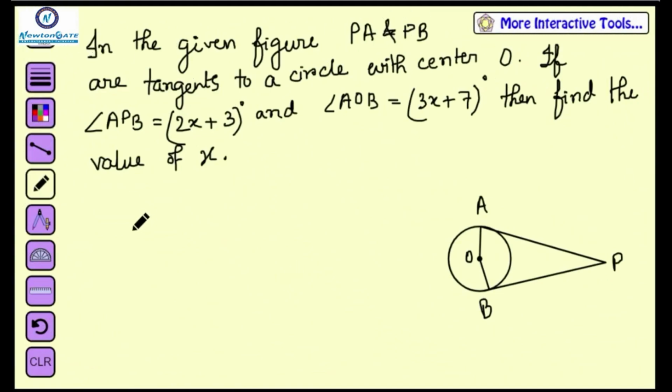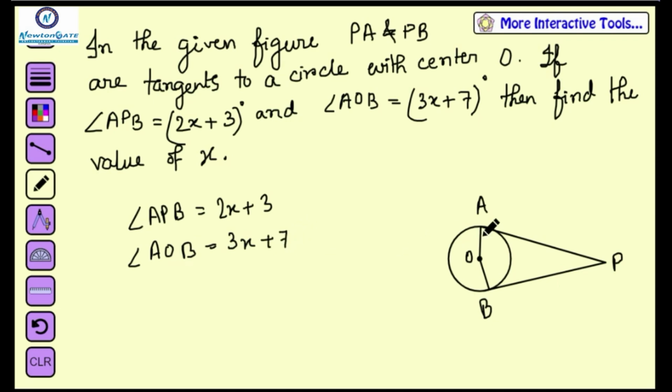In this question, we see that angle APB equals 2x plus 3 degrees and angle AOB equals 3x plus 7 degrees.